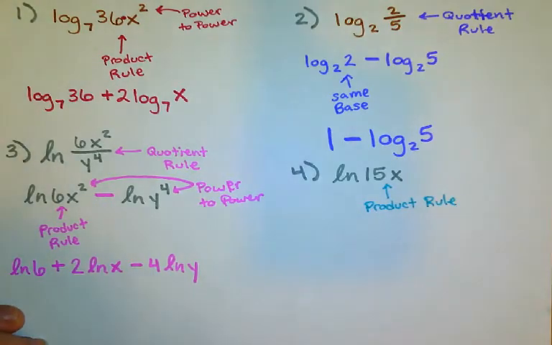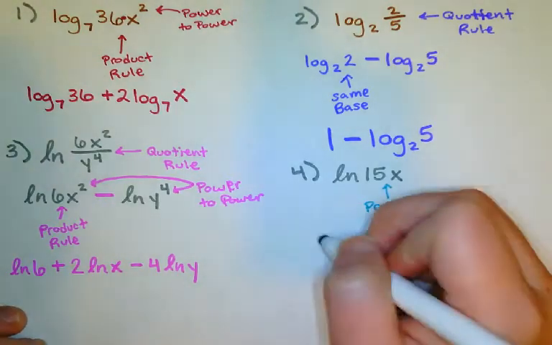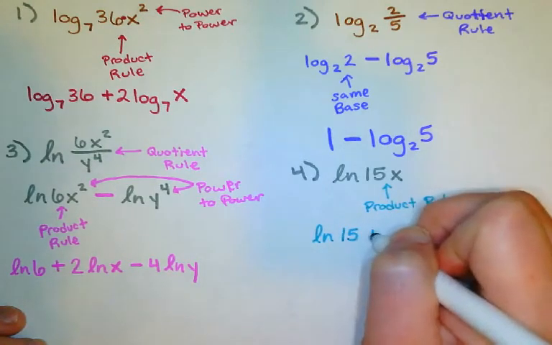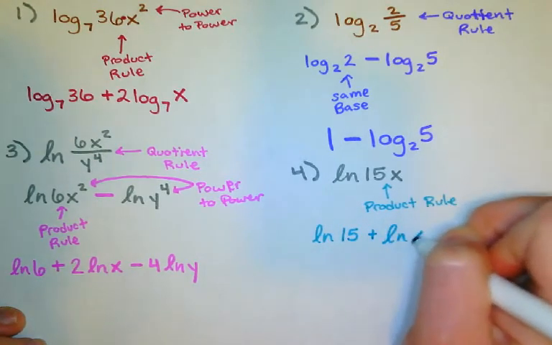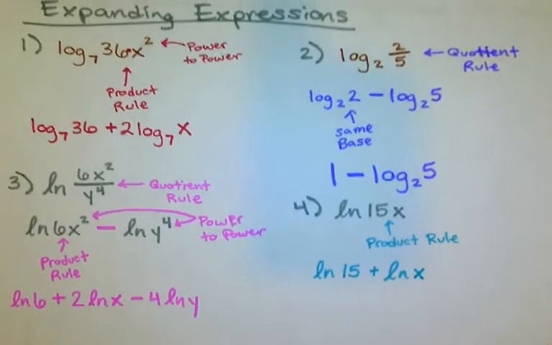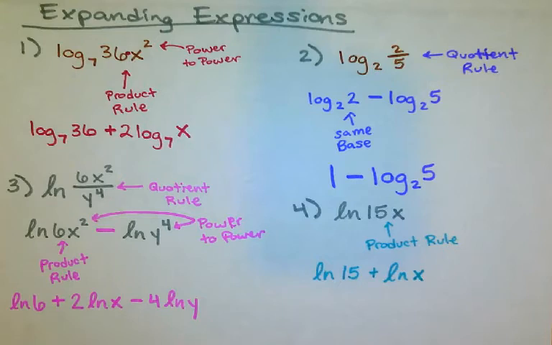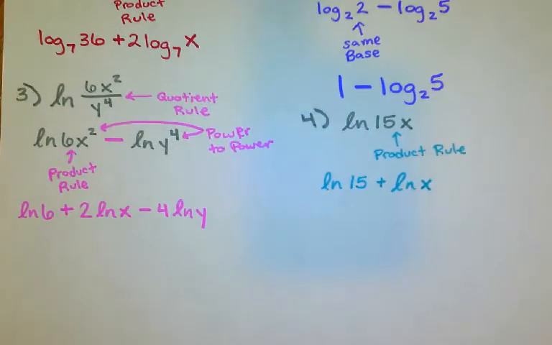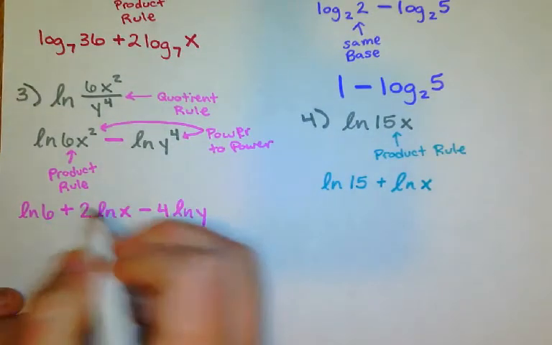So all we need to do is split it with an addition sign. So we're going to have our natural log of 15 plus our natural log of x. That is expanding expressions. We're going to take a quick look at condensing expressions, and then you should be good to go.